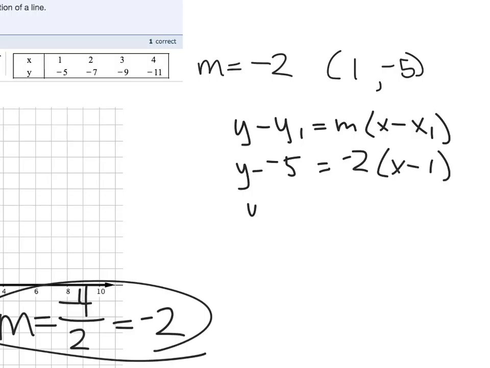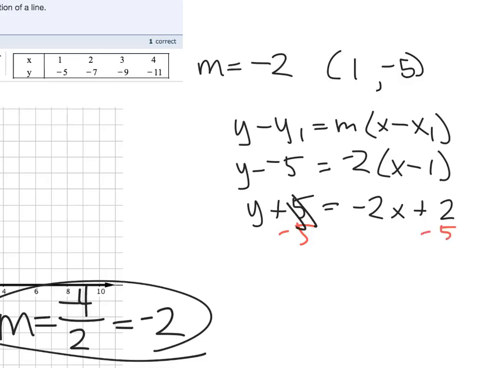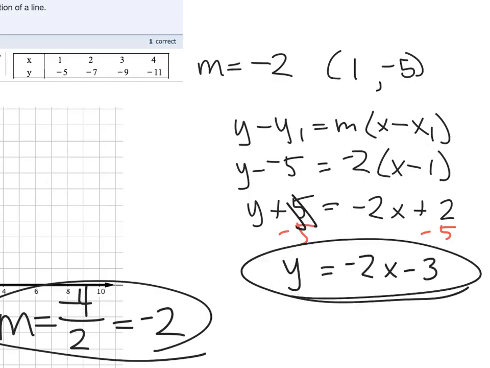And so that becomes y plus 5 equals, now we're going to do the distributive property, negative 2x plus 2. Remember, because that's negative 2 times negative 1, so that's positive 2. And so now we're going to subtract 5 from both sides, and that becomes 0. So you get y is equal to negative 2x minus 3. And there is our formula.